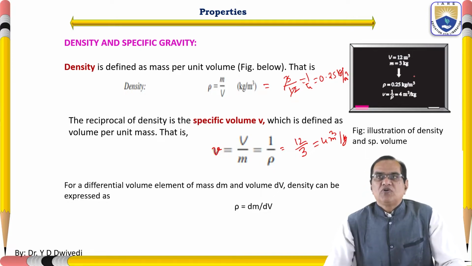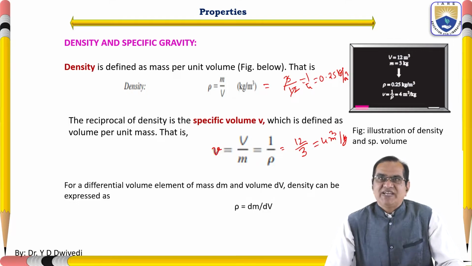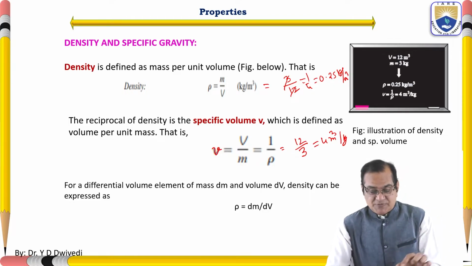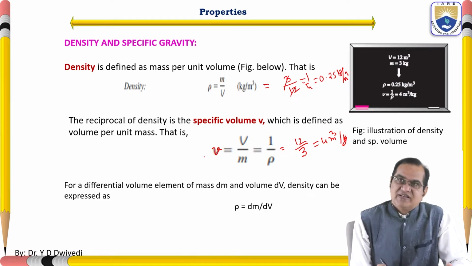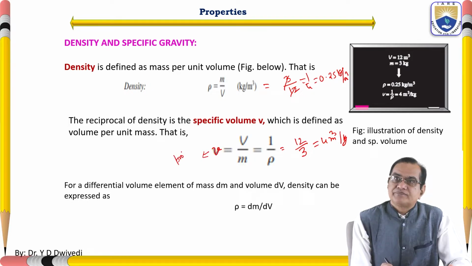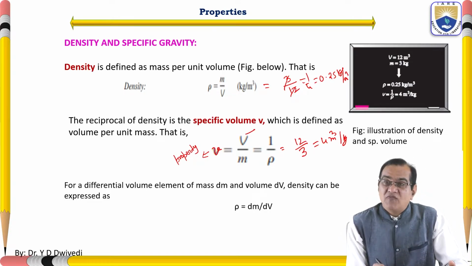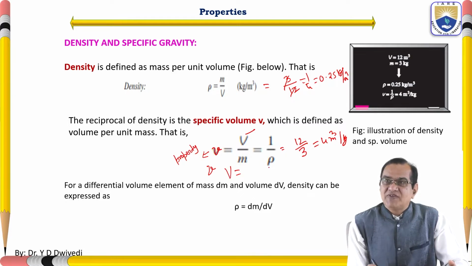So the reciprocal of the density is the specific volume v, which is defined as the volume per unit mass. This specific volume is the small letter v, and this is the total volume. So this specific volume is the property, not the total volume. So we can find out small v from the steam table, not the capital V. If you know v, we can find out the capital V, which is equal to mass into specific volume.